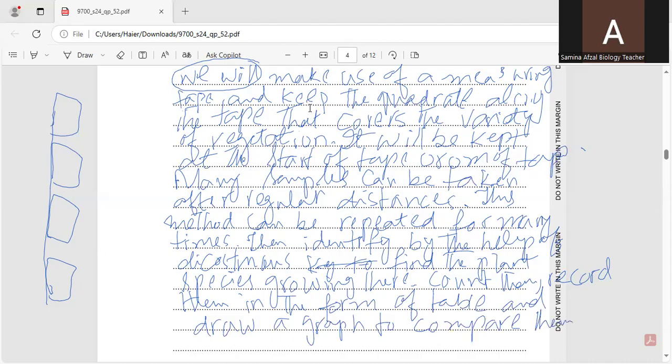The same method will be adopted for all species. So in this way, the investigation can be conducted.